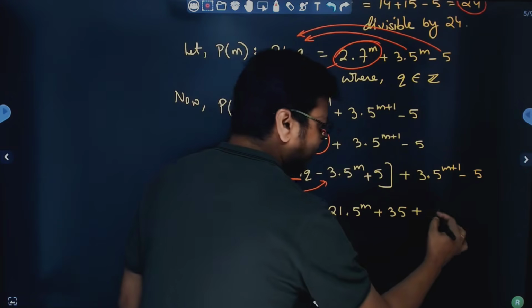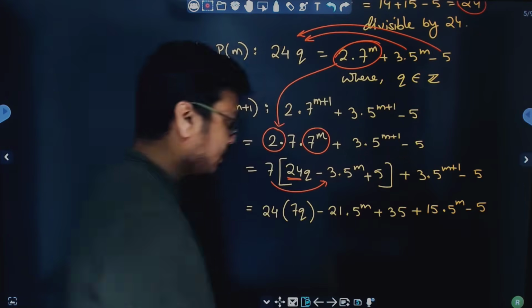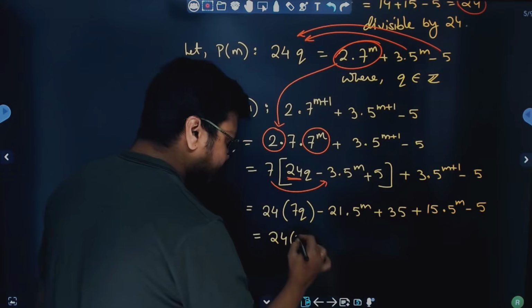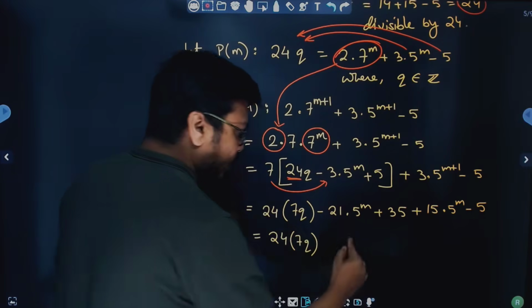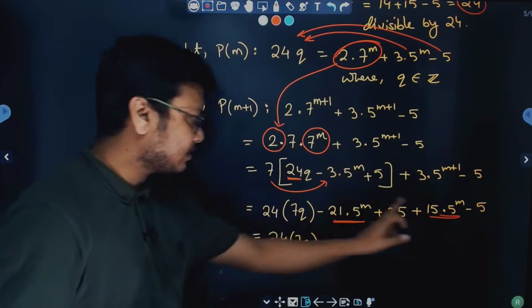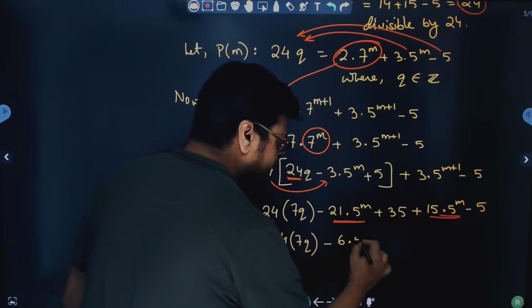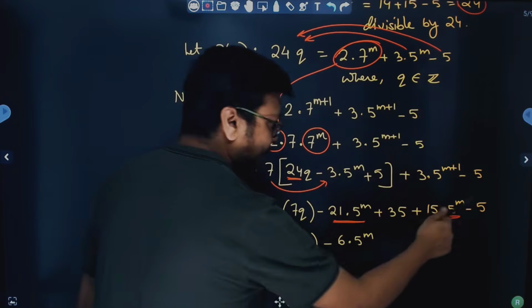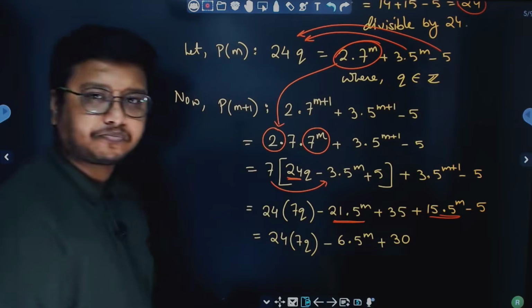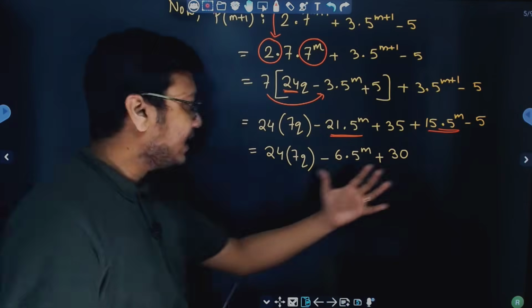So I can make this 15 times 5 to the power m minus 5. I'll regroup the similar terms: 21 times 5 to the power m and 15 times 5 to the power m, a minus and a plus, would give me minus 6 times 5 to the power m, and 35 minus 5 would give me a plus 30.